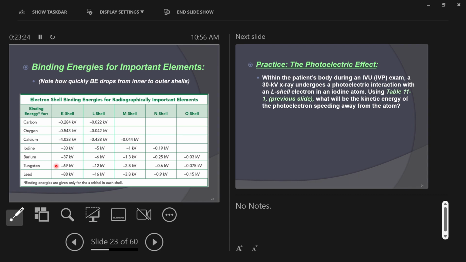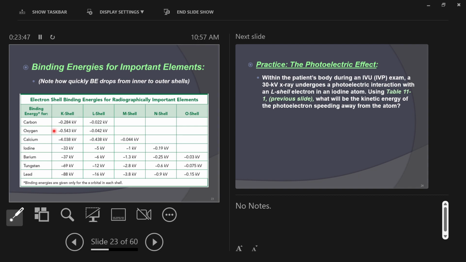So take a look. Move up the chart here. Notice oxygen. You're made of a lot of oxygen. They don't include hydrogen on here, but you're made of a lot of oxygen. It's one of the most abundant molecules in your body. And its K shell is only held in place with 0.5 keV, right? Negative 0.5, but 0.5, right?